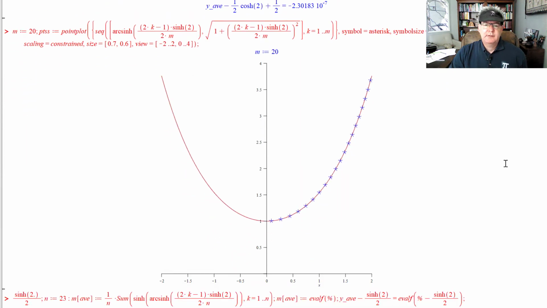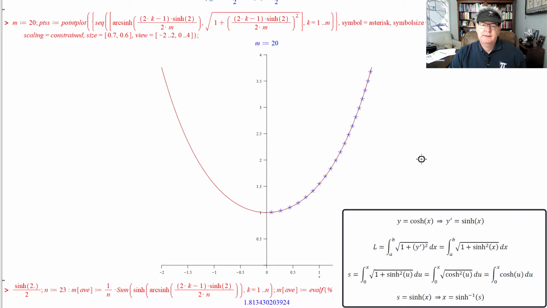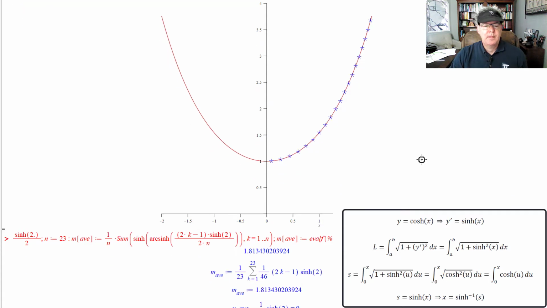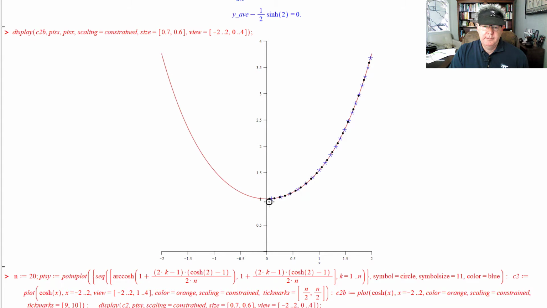Looking at with respect to arc length, so here's 20 points equally spaced along the curve itself. So it kind of looks more uniform. But here's a picture of both the 20 points with respect to the x-axis, 20 points equally spaced along the curve, and you can see there's kind of a density of points where it's flatter when it's with respect to x, whereas it's sort of a constant density with respect to arc length.